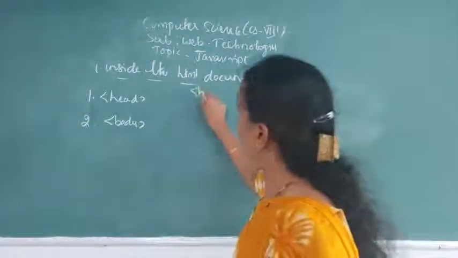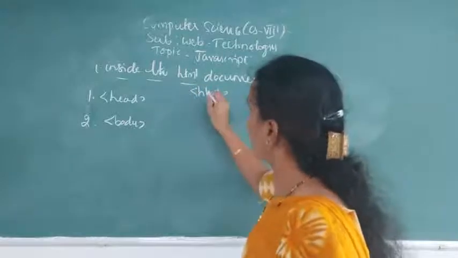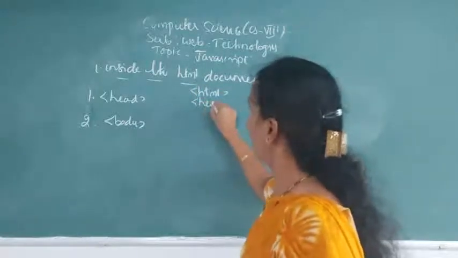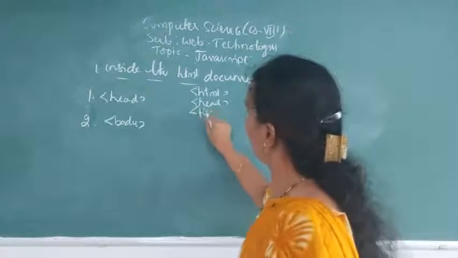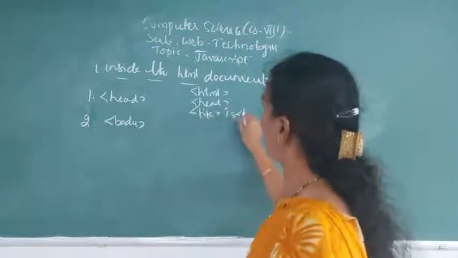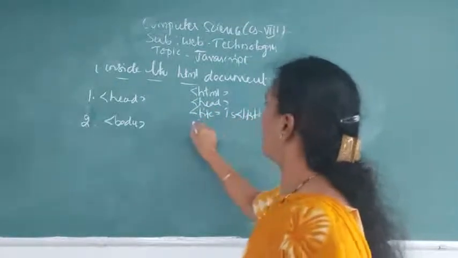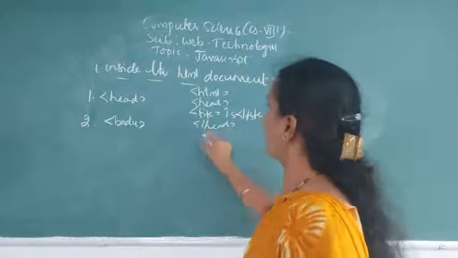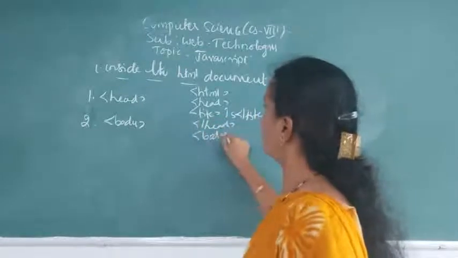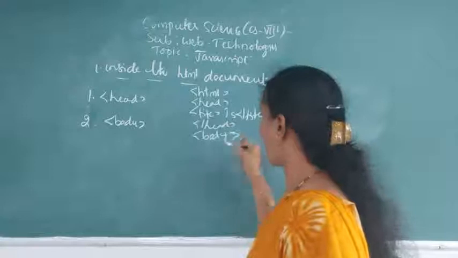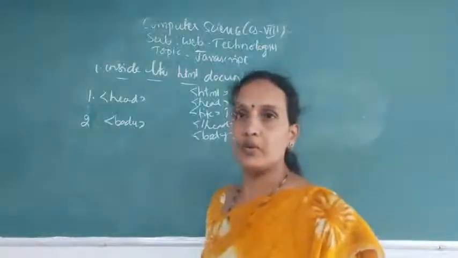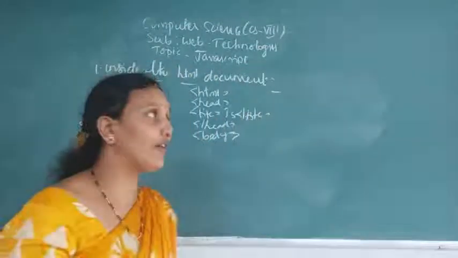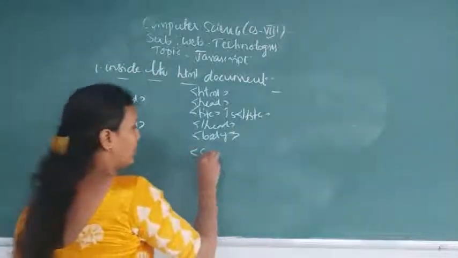So as usual you write HTML, next head, title, example, we can give the title, and close the head section, open the body tag. Okay, inside the body tag also, if you want to include JavaScript, then you have to write a script tag only.